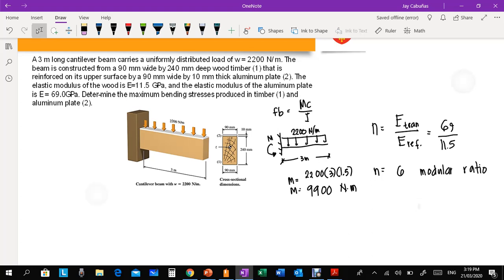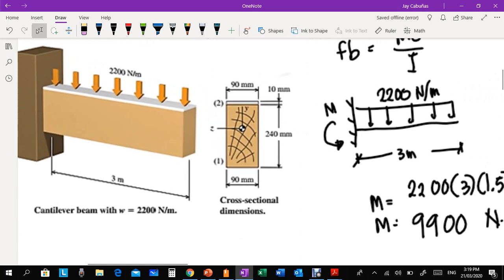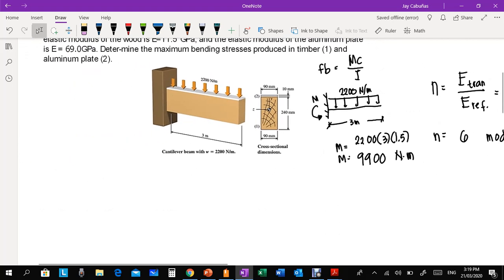Okay, in this case, ma-convert na nato. So again, himuon ani si 90, this one here, 90, ato siya i-times og 6. So, 90 times 6, that is now what?